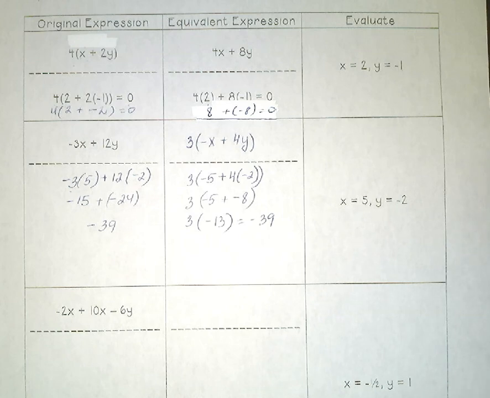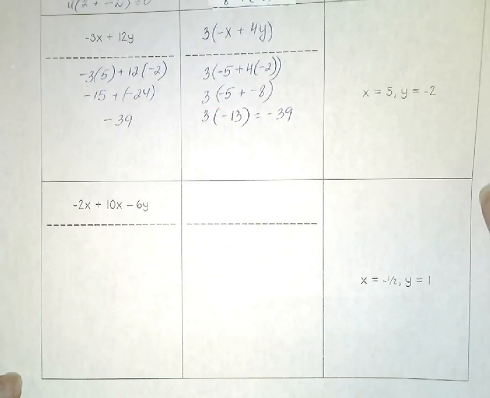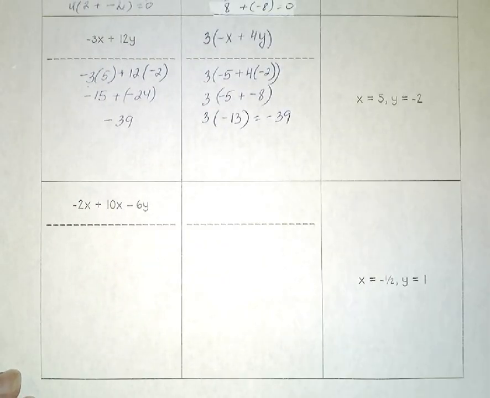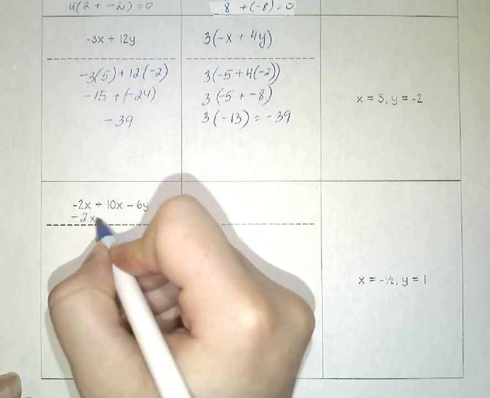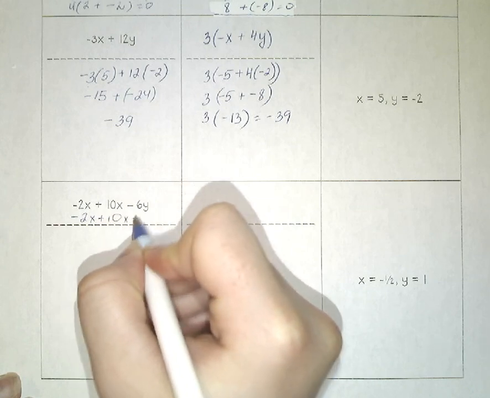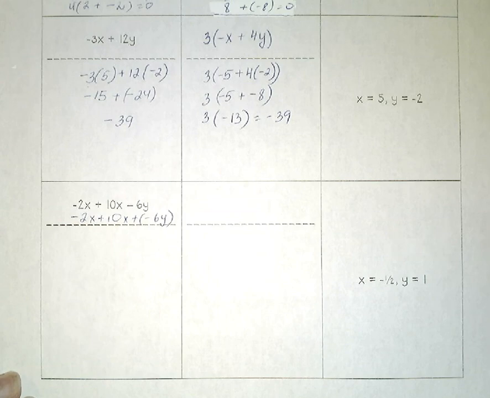Last one here is -2x plus 10x minus 6y. Notice there is a minus sign that we will change into plus negative. So we will have -2x plus 10x plus -6y, just to make sure that you are doing everything correctly and you are not losing your signs.